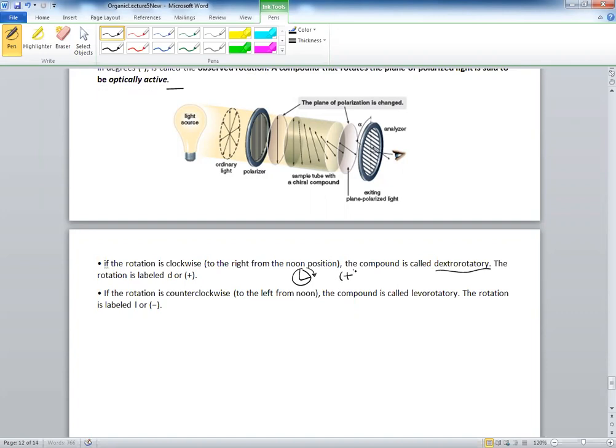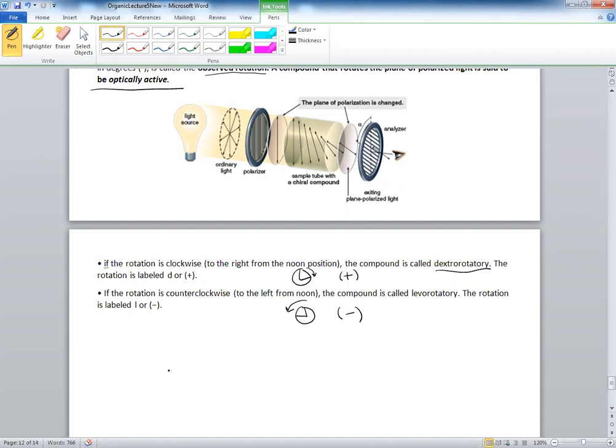Plus is used more often. So plus means, again, to the right. If the rotation is counterclockwise, then that would be negative, and it's called levorotatory, or a negative L. Just remember, L is for left, and that's a negative.